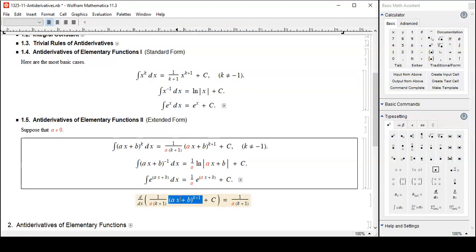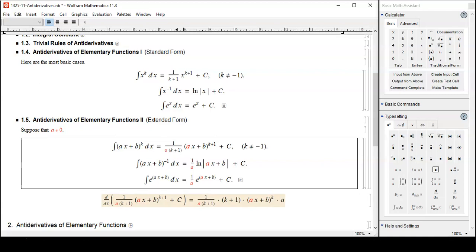And then let's work this one out. Power function, so multiply by the power. And then subtract 1 from the power. And that's not all. By chain rule, I have to multiply the derivative of the inside.